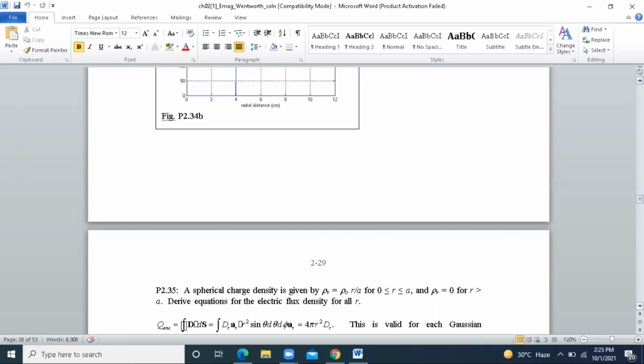So let's read the question. By the way, has anybody solved it? Made an attempt?